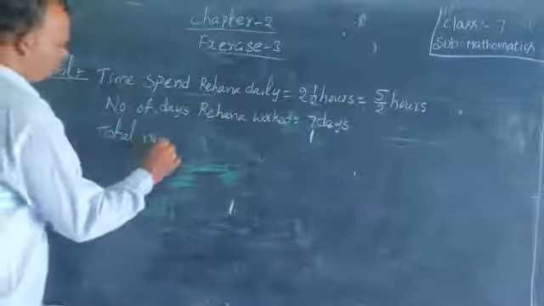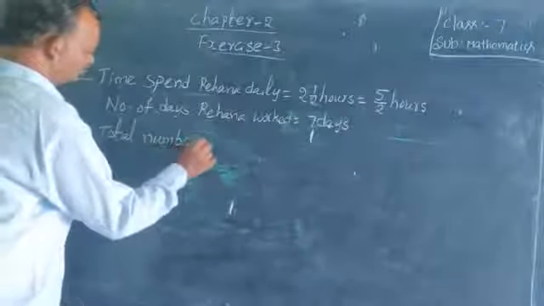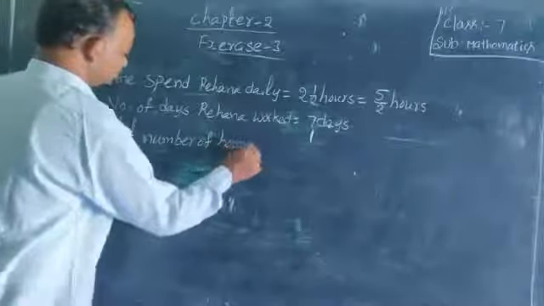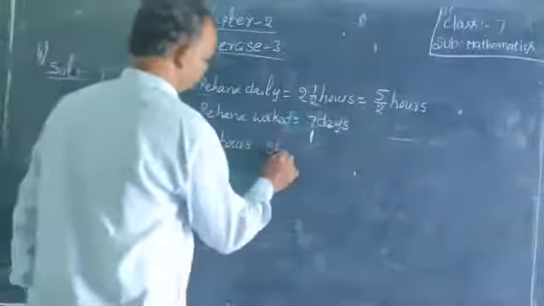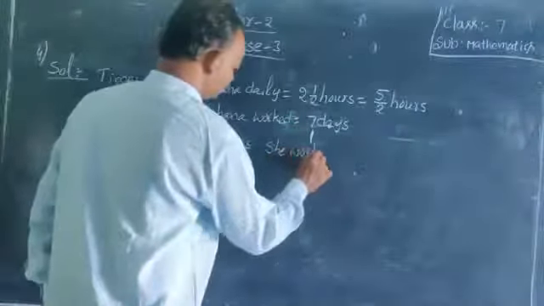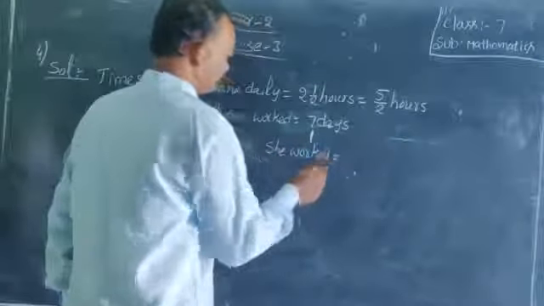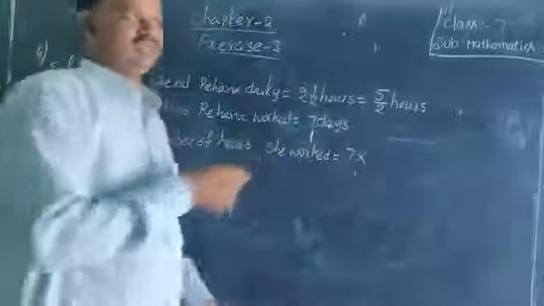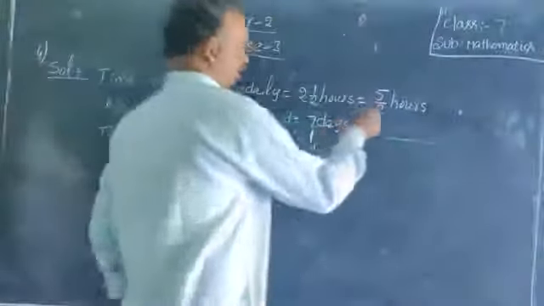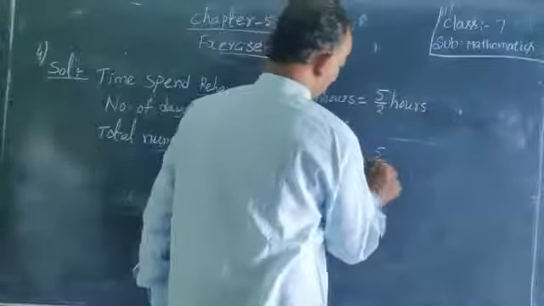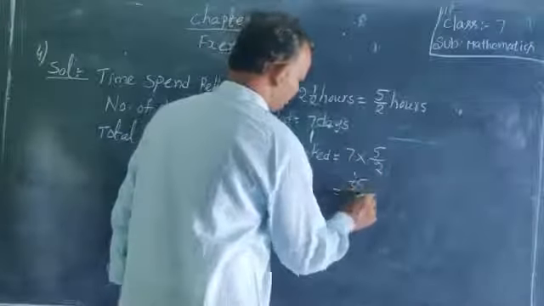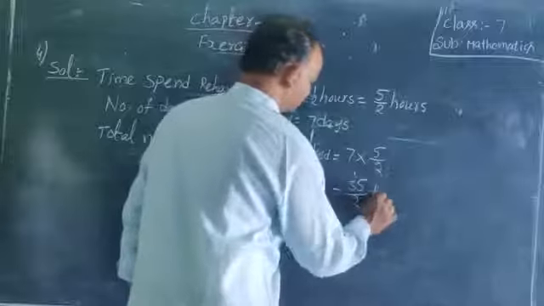Total number of hours she worked is equal to 7 into how many days? 7 days. And each day, how many hours? 5 by 2 hours. That is equal to 7 5s are 35 by 2 hours.